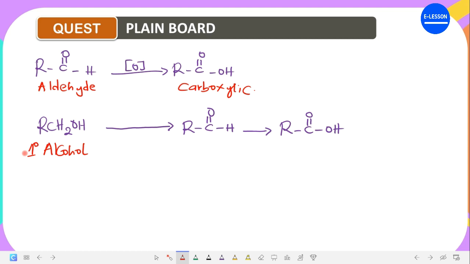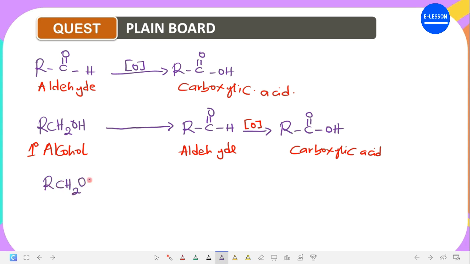If the process is controlled, that is why we say it is controlled oxidation, it will first give an aldehyde, and then the aldehyde will be further oxidized to give us a carboxylic acid. Now, if the process is not controlled, it means that the primary alcohols can be oxidized directly.